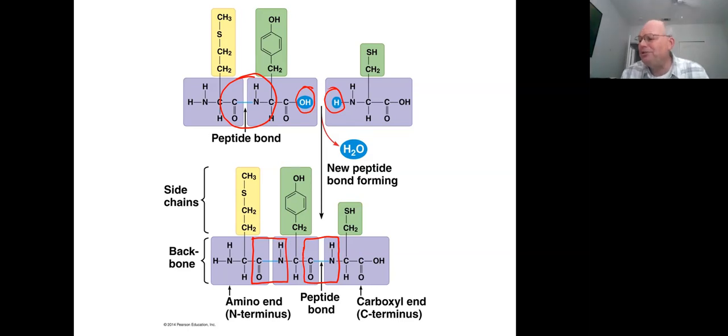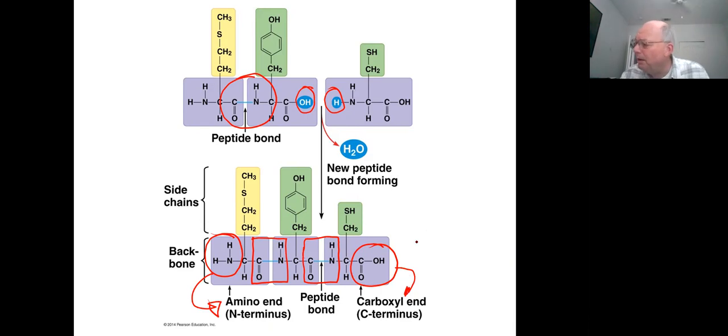What that means is that when we start looking at a sequence of amino acids, a polypeptide, at one end, there's always going to be an unmodified amine group, and this gives you the amine end or N-terminus. At the other end, there's going to be an unmodified carboxyl group, which gives you the carboxyl end or C-terminus.